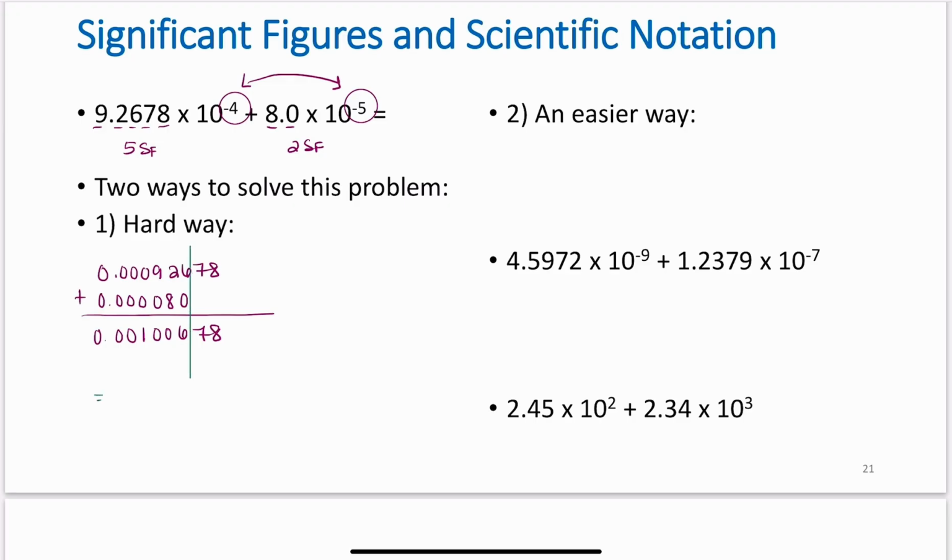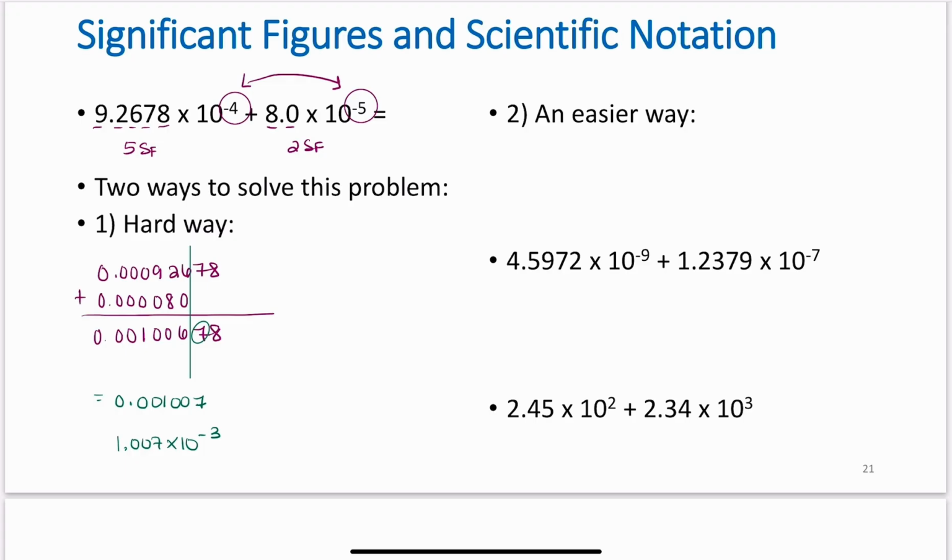So my final answer here is 0.001007 because, again, the first digit to be removed is a 7. I'm going to round up. And I can put that back into scientific notation and say 1.007 times 10 to the negative 3. Okay? I personally think that's a harder way to solve it.